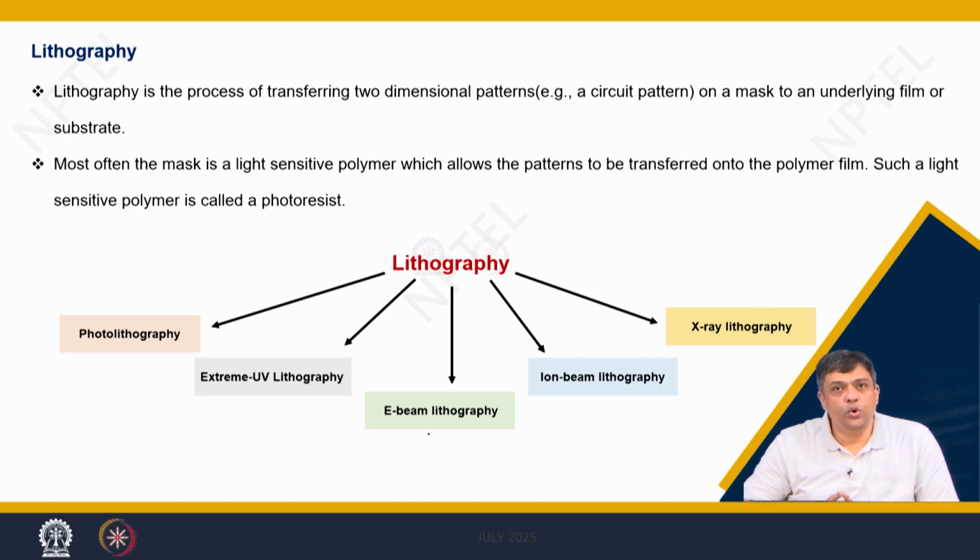This is routinely done using the technique lithography, and lithography is of various types. It is basically defined by the incident radiation which is used to modify the photoresist which is on the top of the substrate.